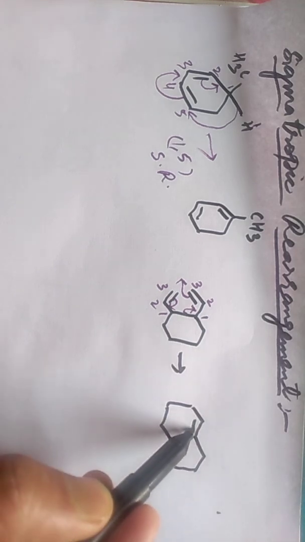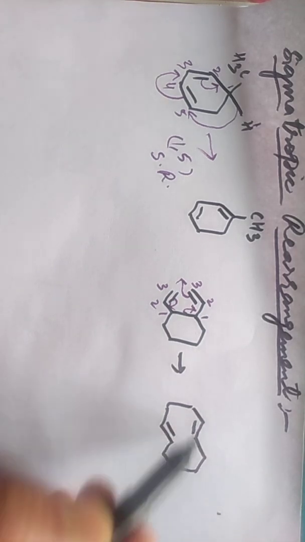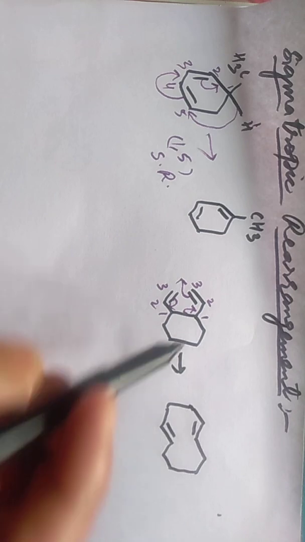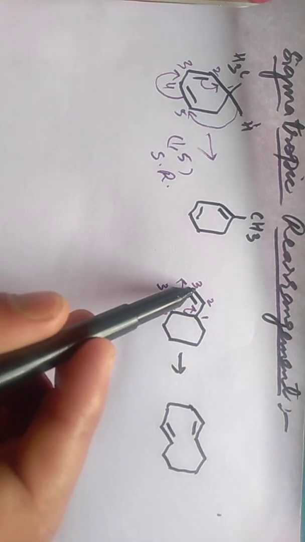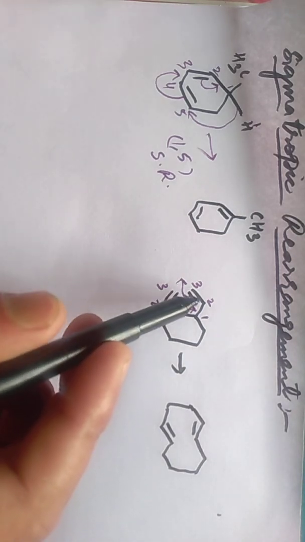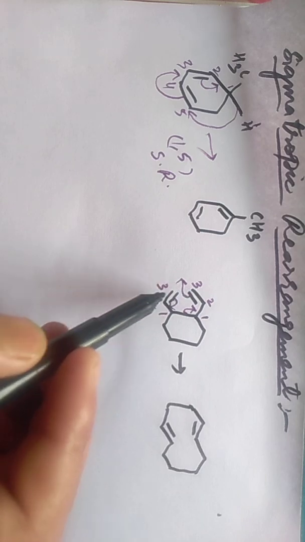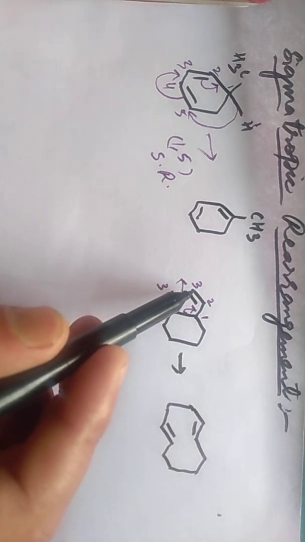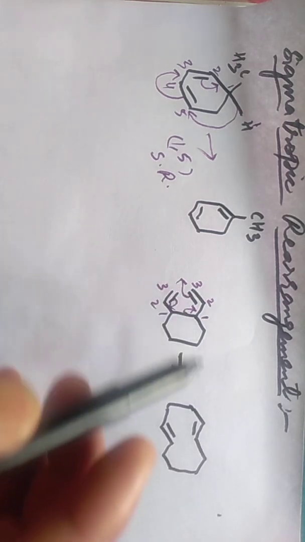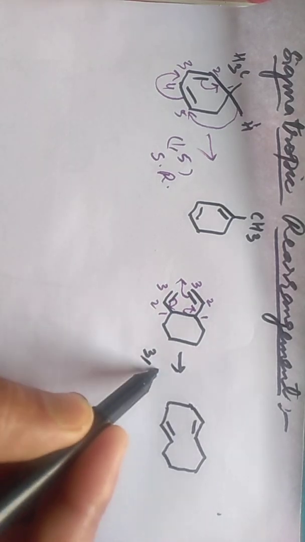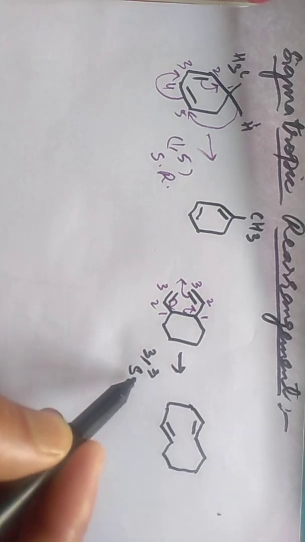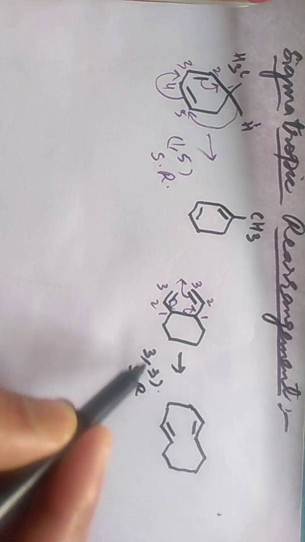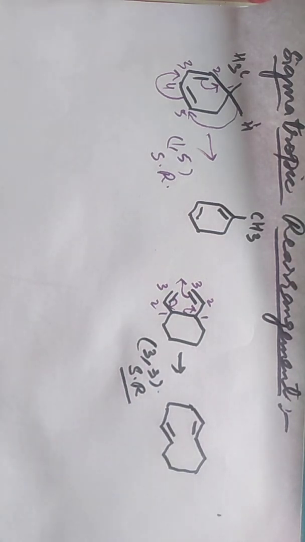This is our final product. In this case, a new sigma bond is formed between the third carbon atom on both sides. So this is a 3,3 sigmatropic rearrangement.